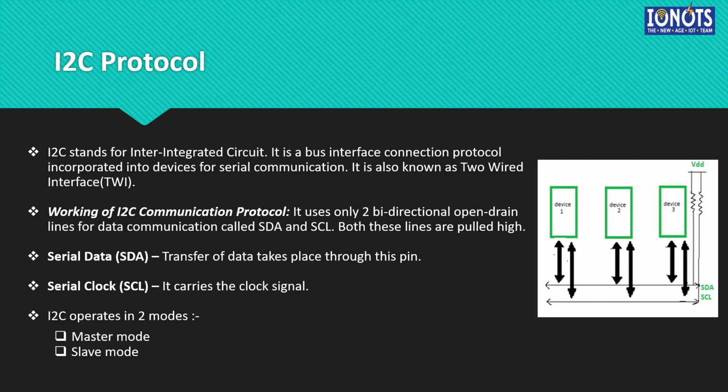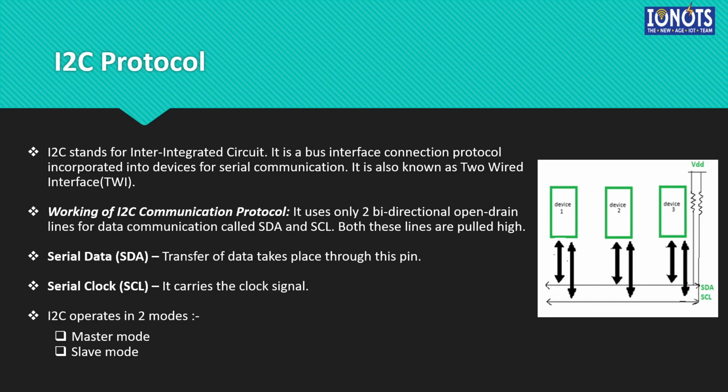ACK slash NACK, that is acknowledgement slash no acknowledgement bit. After every data frame follows an ACK slash NACK bit. If the data frame is successfully received, then an acknowledgement bit is sent to the sender by the receiver.